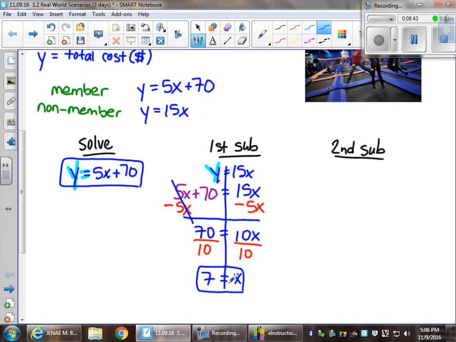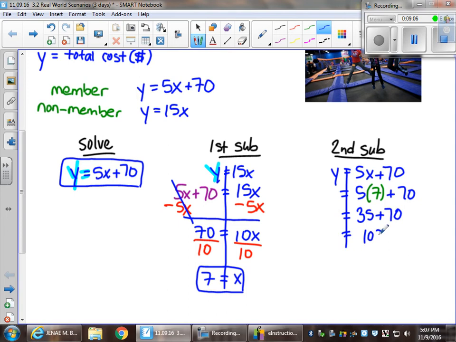I've got x, I need y. Over here I have this equation that says y equals 5x plus 70. Let's use it to find our y value. So where I see x, I will carefully use parentheses to substitute in 7. Plus 70 is still there. 5 times 7 is 35. Plus 70 equals 105.